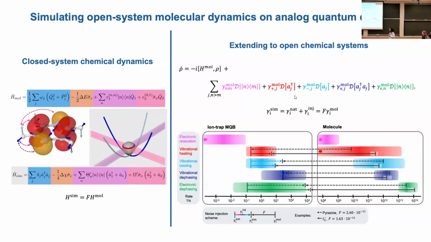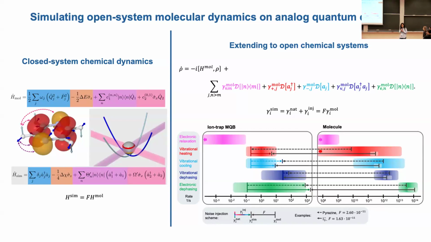Hello, my name is Vanessa Laya. I'm a PhD student at the University of Sydney. My research is mostly on simulating chemical dynamics using analog quantum simulators. We have recently mapped the molecular Hamiltonian into an analog simulator using the electronic and the molecular degrees of freedom.